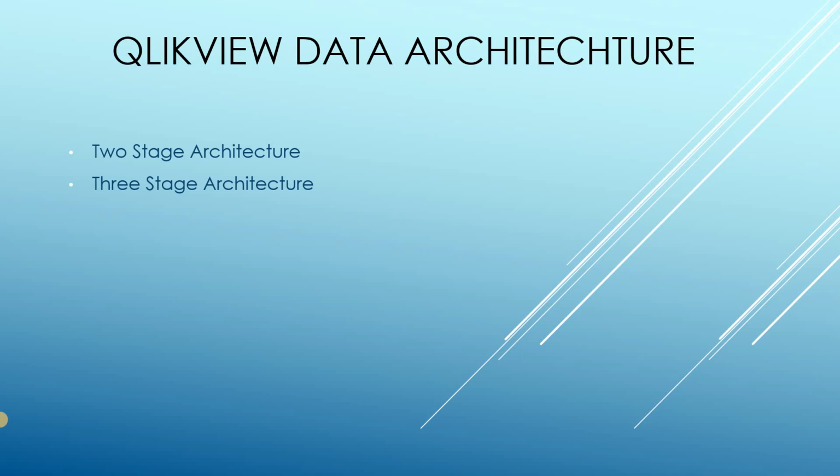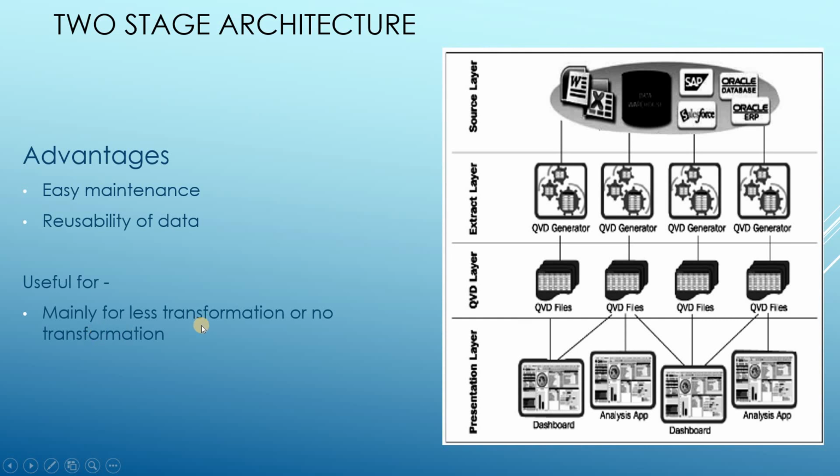Today we are going to discuss QlikView data architecture. QlikView data architecture is mainly of two types: two-stage architecture and three-stage architecture. So let's begin. Two-stage architecture is split into four layers: source layer, extract layer, QVD layer, and presentation layer.